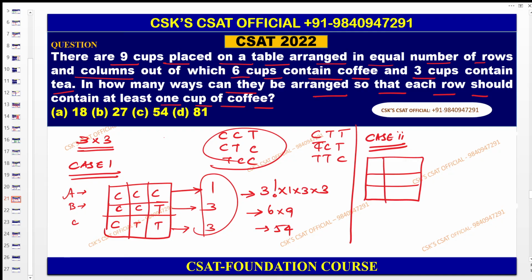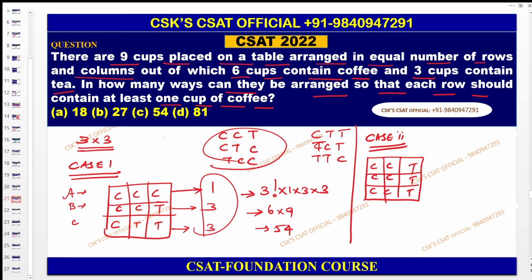We need a 6, right? So you can arrange CC, CC, CC. We can arrange TT, TT. Okay. 6 cups of coffee are there. Then 3 cups of tea are also there.